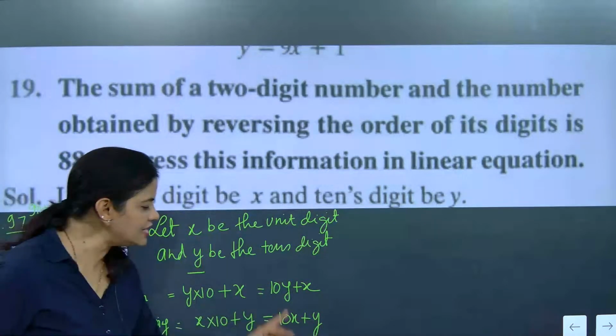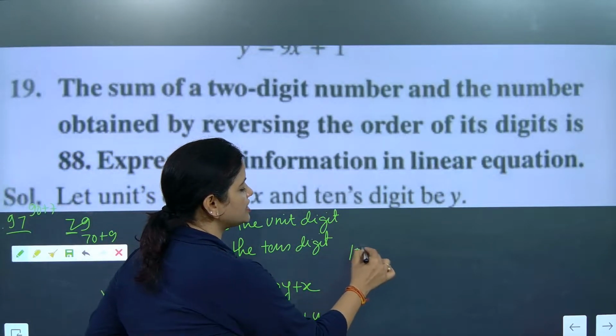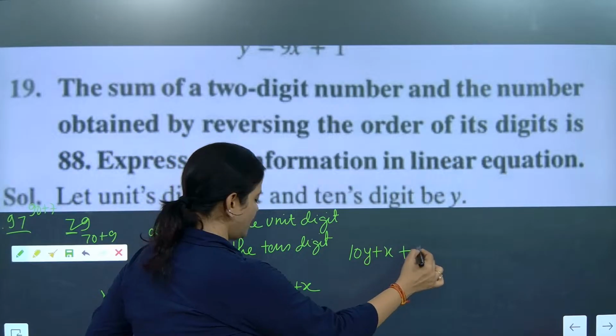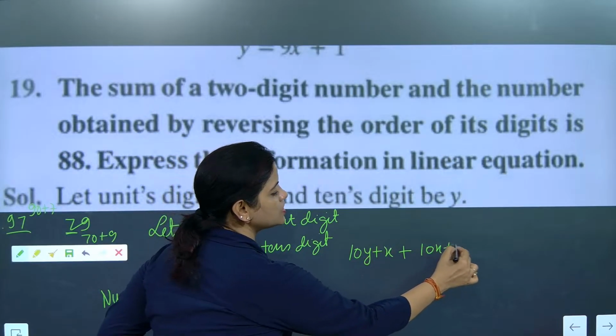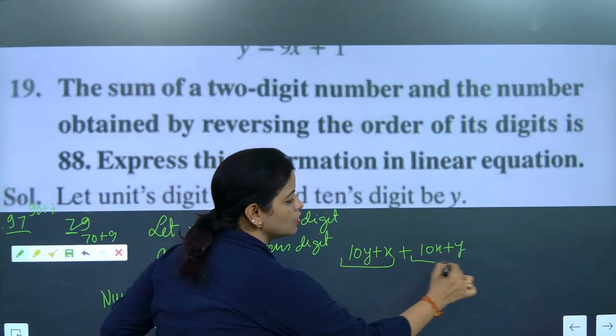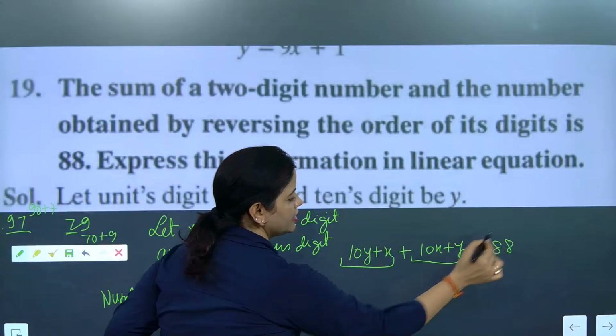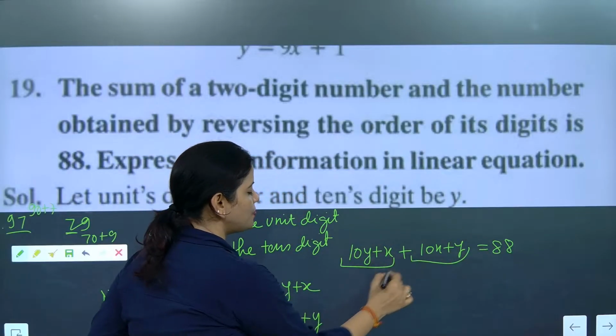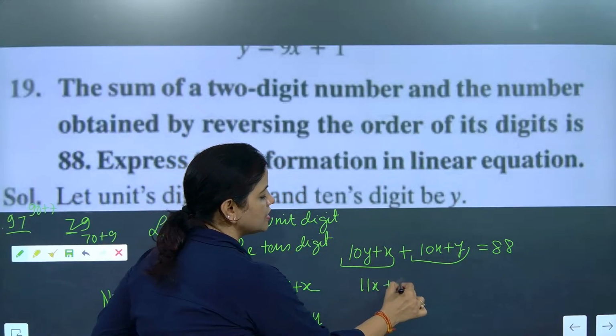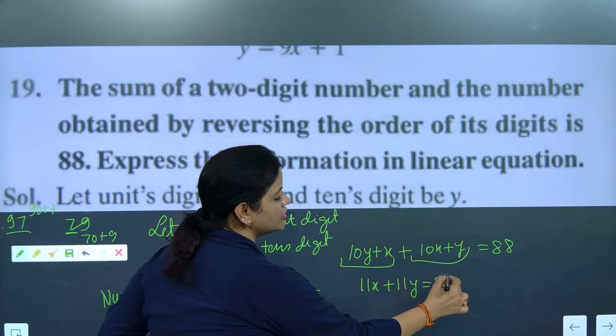And when you add this together, that is 10y plus x plus 10x plus y, the sum of these two, we are getting 88. So what will it become? 11x plus 11y is equal to 88.